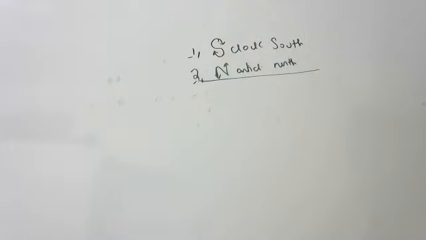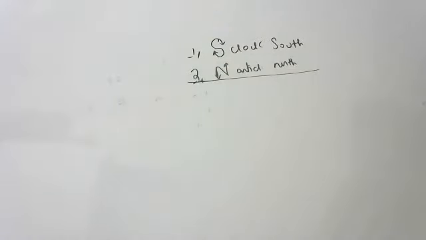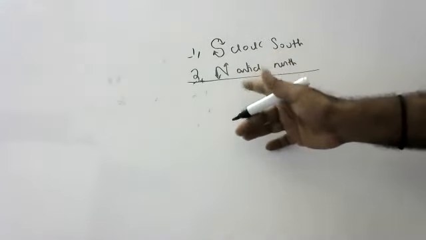Name and state the rule by which the polarity of the ends of a current carrying solenoid is determined. What is the rule, children? How do you find out the polarities? On what basis? Clockwise means south, anti-clockwise means north.